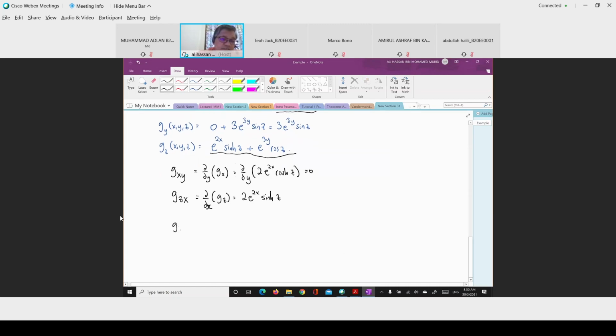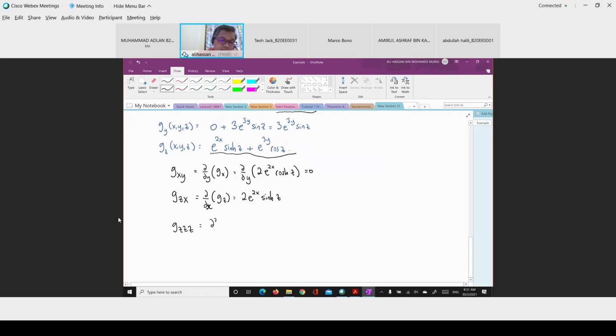So what is G partial Z partial Z? We have already calculated G partial Z, so we need to find it first.